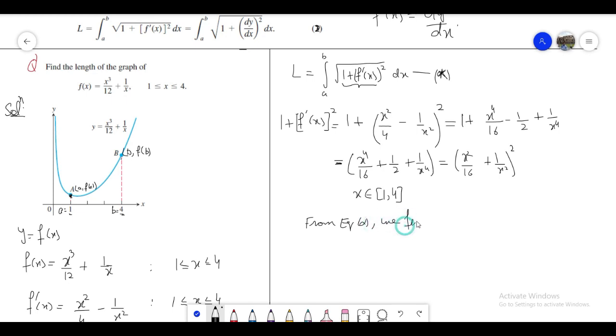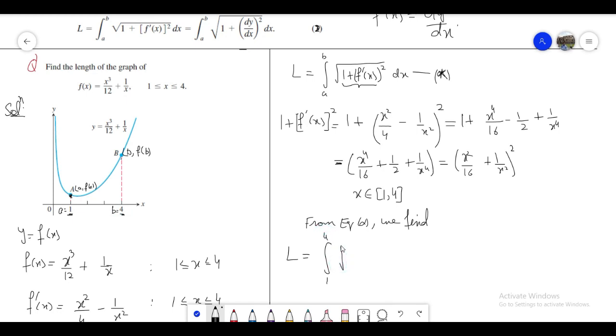From equation alpha, we find L is the integral from a to b. A is 1 because this starts from 1, and it ends at 4.